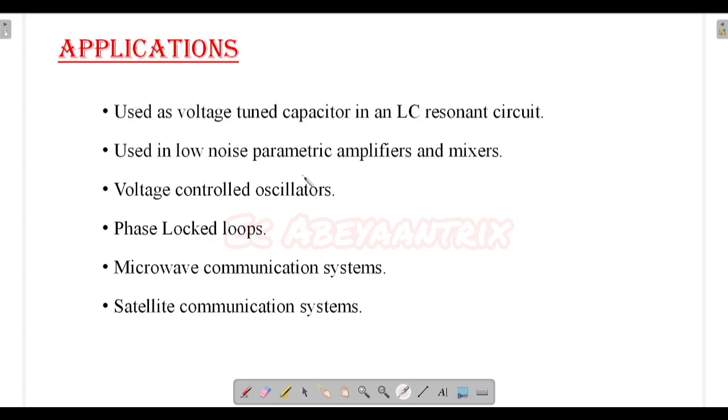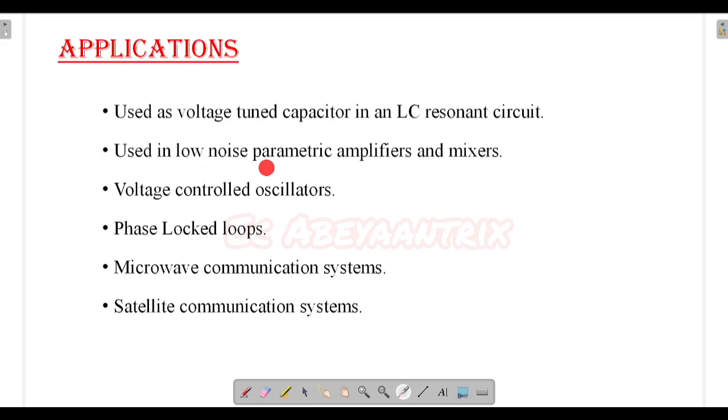Okay. And coming to applications, mainly it is used as a voltage tuned capacitor. Wherever tuning comes, you have to keep this Varactor diode in mind. So tuning means Varactor diode, right? Voltage tuned capacitor or voltage controlled oscillator, it is widely used in these applications.